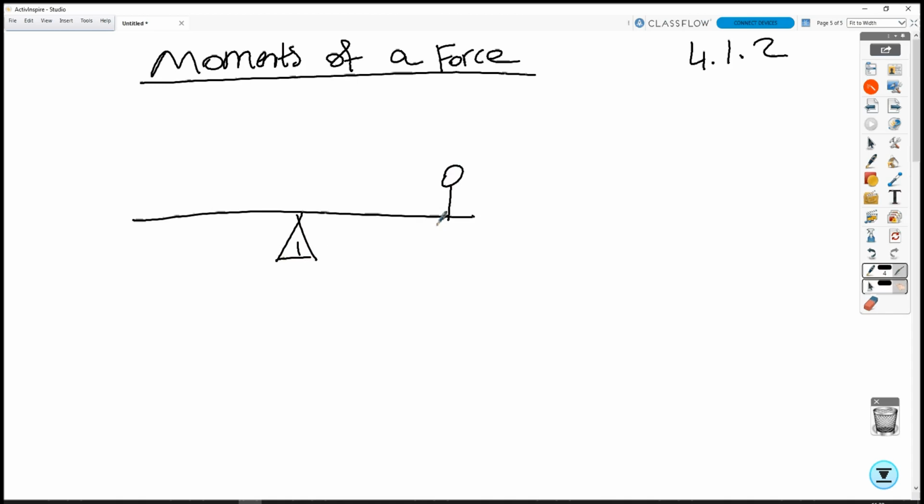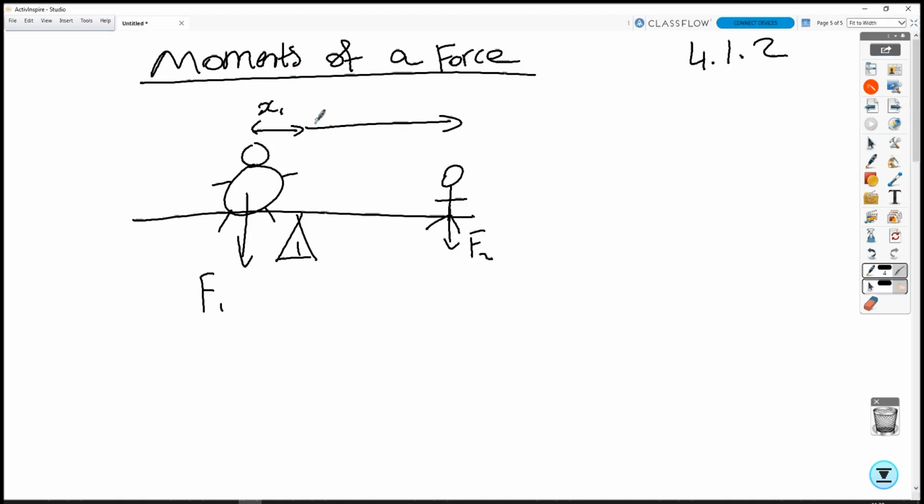So we'll put one person sitting on the end and someone else sitting nearer to the pivot. So we've got force 1 from this person, force 2 from this person, a distance to the pivot, x1 from one person, and x2 to the other person.